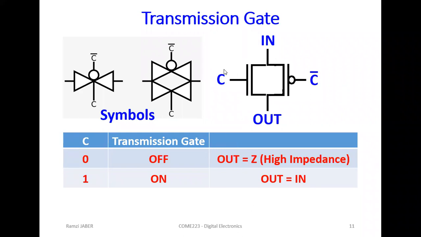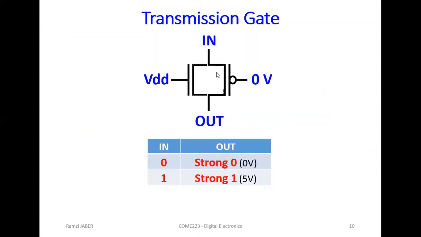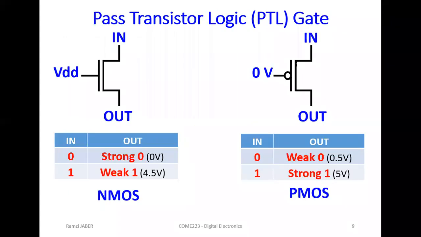So again, as a fast review: for the N channel, always on. For input 0, the output will equal the input, strong 0. For input high voltage or 1, the output will be weak 1.